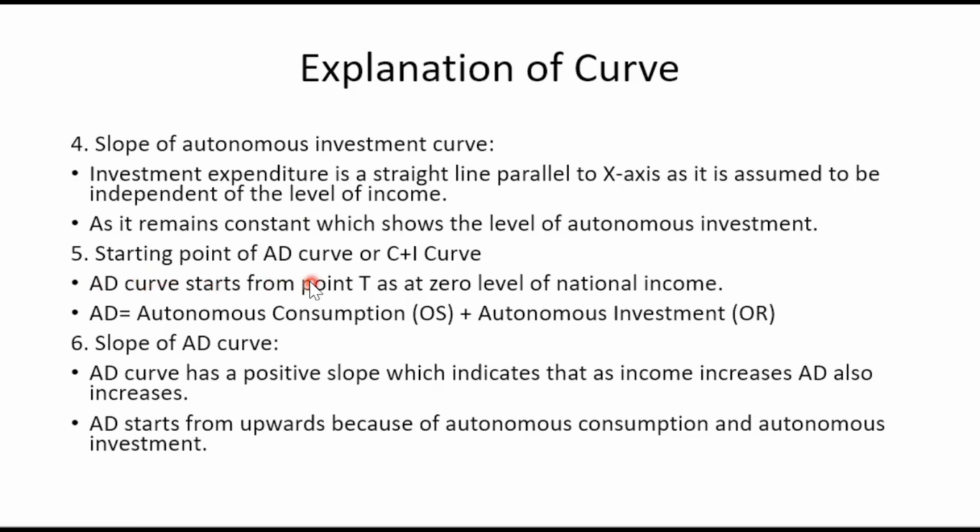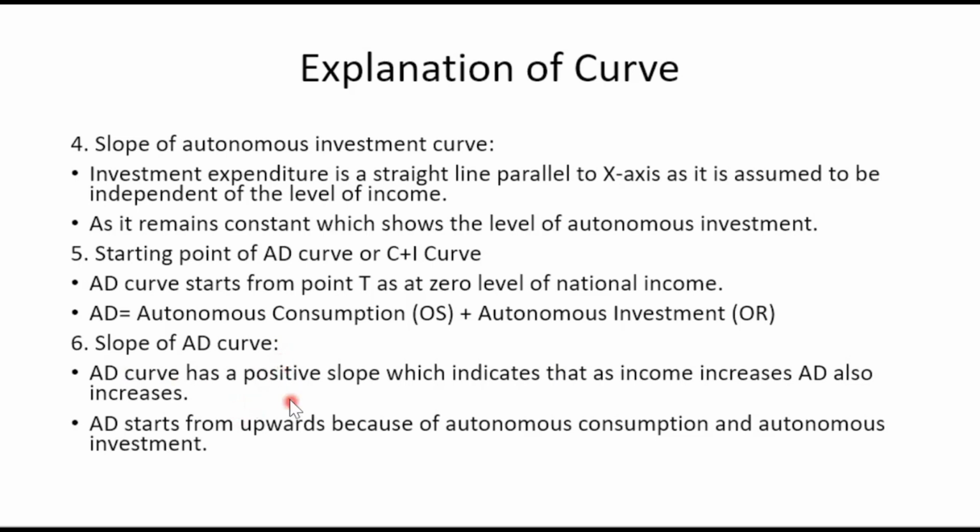The starting point of the AD curve is from the y-axis because of the C plus I curve. AD curve starts from where? From point T, as at zero level of income, AD is the sum total of consumption, that is OS, plus autonomous investment, that is OR. We have already seen this in the graph. And what is the slope of the AD curve?